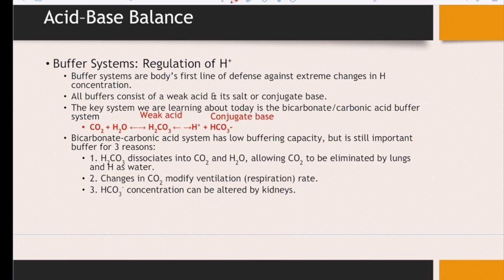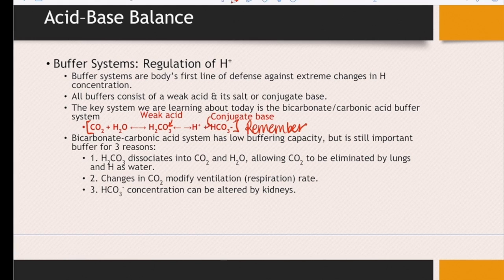So here I've labeled this really important chemical equation. This is super important, and you should remember it. I've labeled who our weak acid is, and that would be the H2CO3, as well as our conjugate base, which would be the HCO3 negative. So just a regular old buffer system.